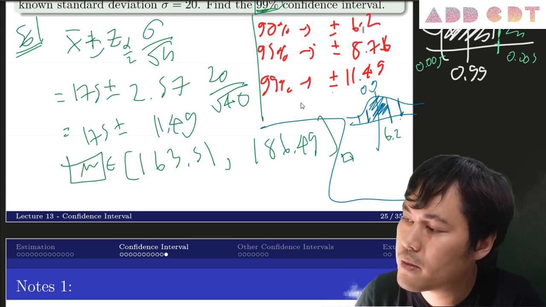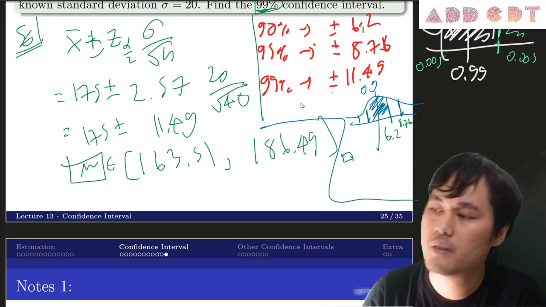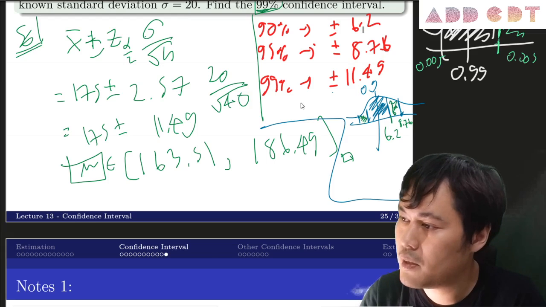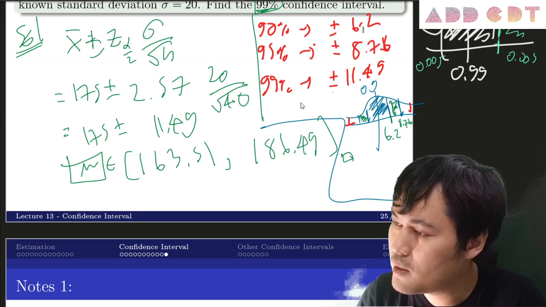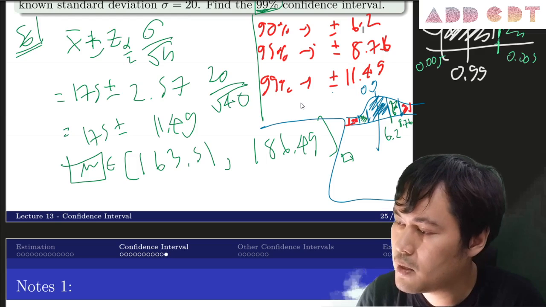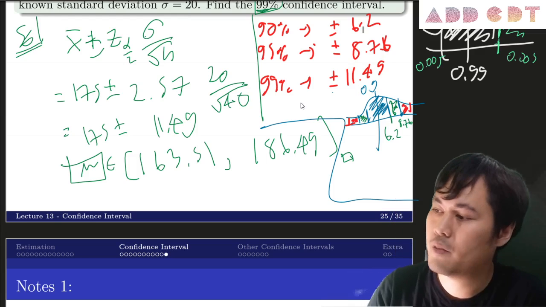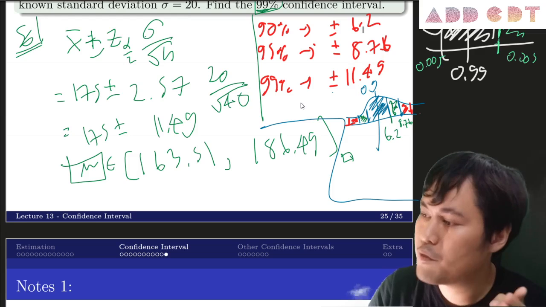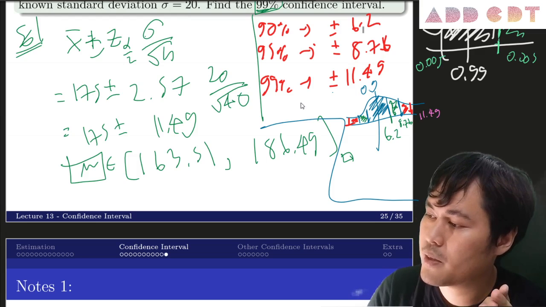In this case, it is 8.76, and now we add some area here. And then finally, if we increase that area to cover 99% of the curve, then that point again has to be pushed further. Now we have 11.49.